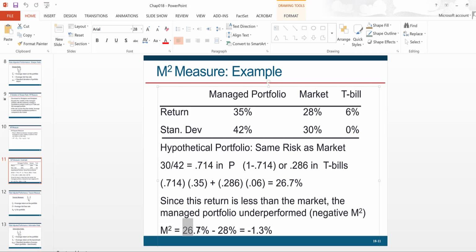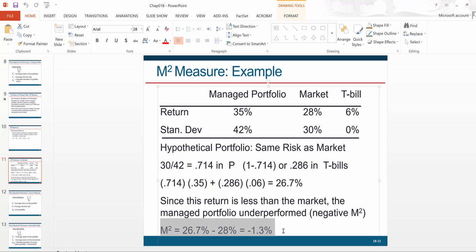Our portfolio has a return of 26.7%, the benchmark has a return of 28%. So because this return is less than the benchmark, the portfolio underperformed. Our conclusion would be that the portfolio underperformed on a risk-adjusted basis. And what is the M2?